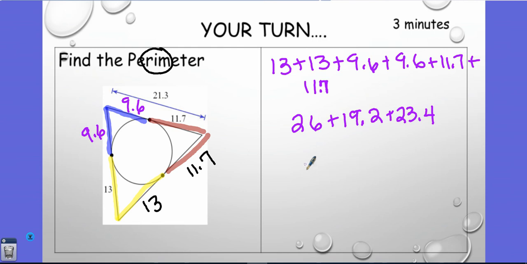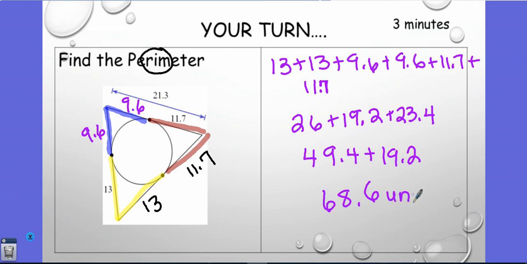And here I'm going to add some more. I get 49.4 plus 19.2. You can use your calculator. I'm just demonstrating how you can use mental math too. So you get 68.6, and this is 68. All right, so we get 68 units.